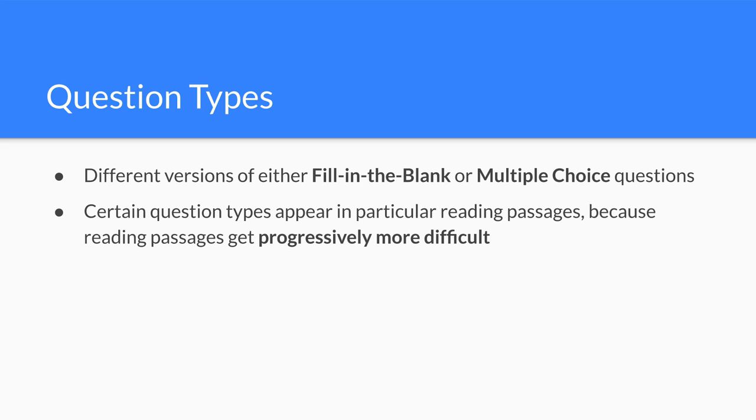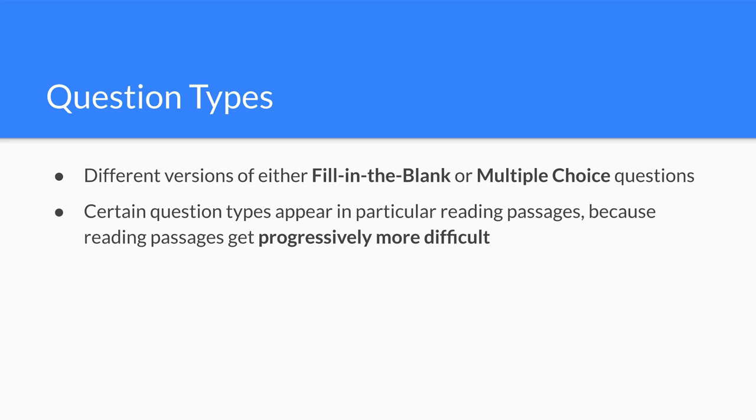Now, there are going to be certain question types that are going to appear in only specific reading passages. The reason for this is that reading passages get progressively more difficult. We've already talked about this as well: reading passage number 1 is easier than reading passage number 2, and reading passage number 2 is easier than reading passage number 3.